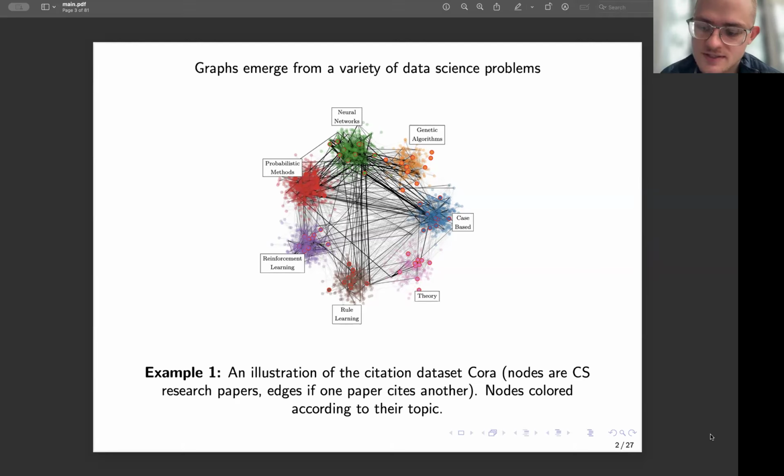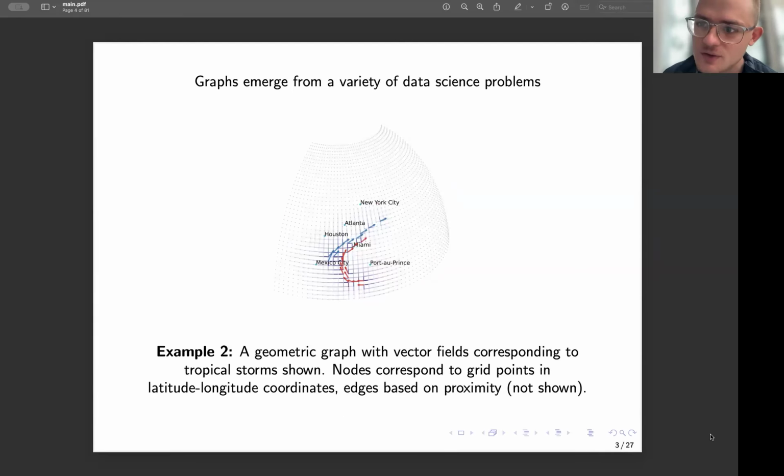Another instance of a graph that appears in a data science problem that I wanted to mention is a geometric graph. In this case, I've designed a geometric graph by taking a section of grid points in latitude-longitude space on the sphere, and we've connected them based on proximity in Euclidean space.